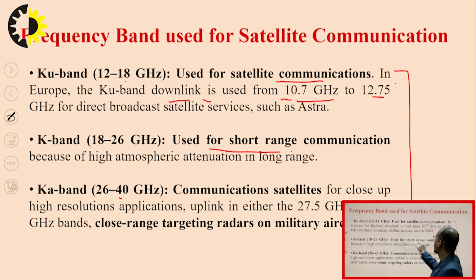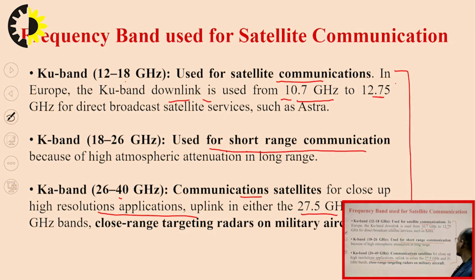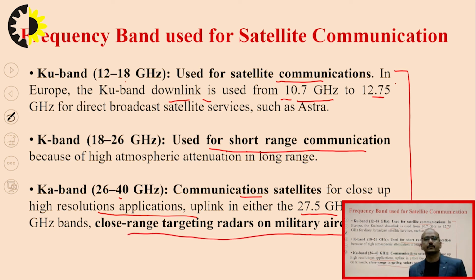K band is used for short range communication, and Ka band is used for high resolution applications of communication satellites, in which the 27.5 gigahertz and 31 gigahertz bands are specifically used for close range targeting radar on military aircraft.